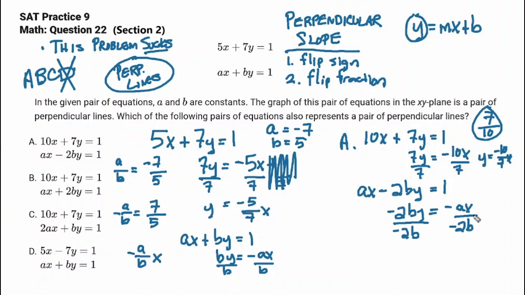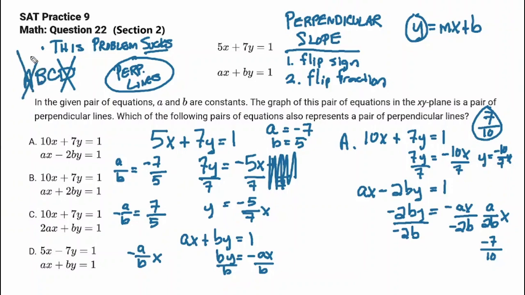Remember that a negative divided by a negative is a positive, so what's the slope? It's a over 2b x. Now what's a? A is negative 7, and B is 5. So it's 2 times B, 2 times 5, which is 10. Negative 7 over 10. We were looking for 7 over 10. Is that the same? It's not.